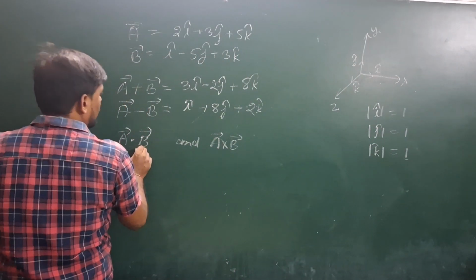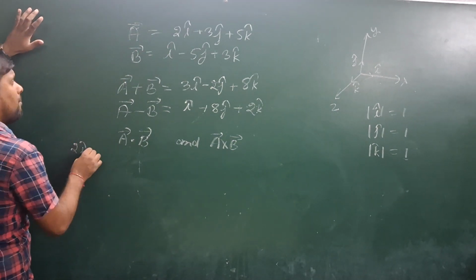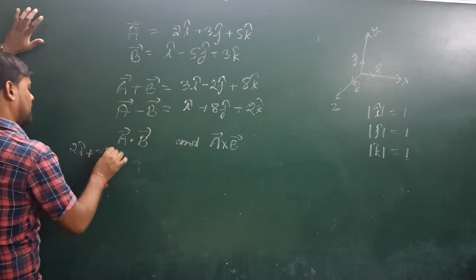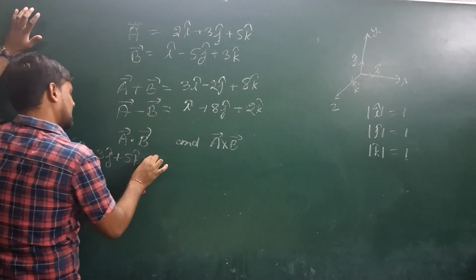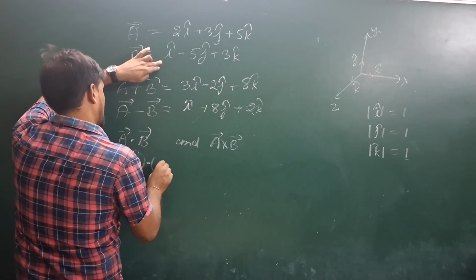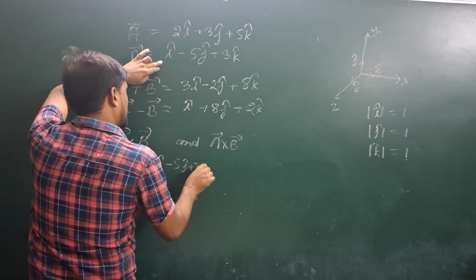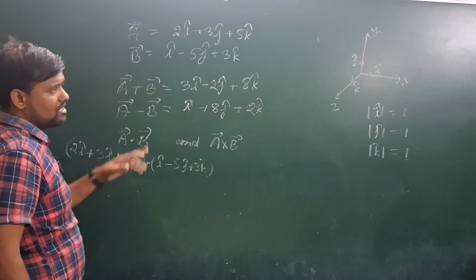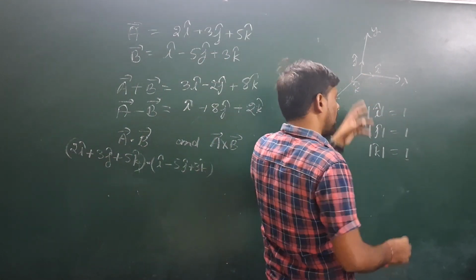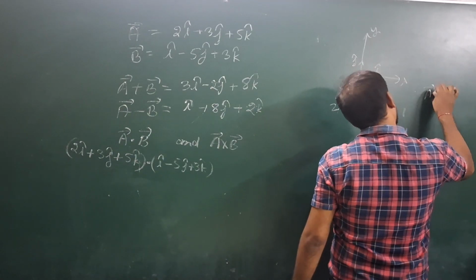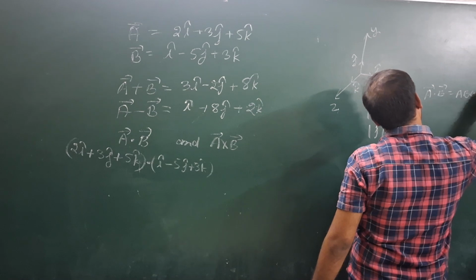If we want the scalar product of these quantities, we write 2i cap plus 3j cap plus 5k cap dot i cap minus 5j cap plus 3k cap. Firstly, we know the formula of A dot B is AB cos theta.